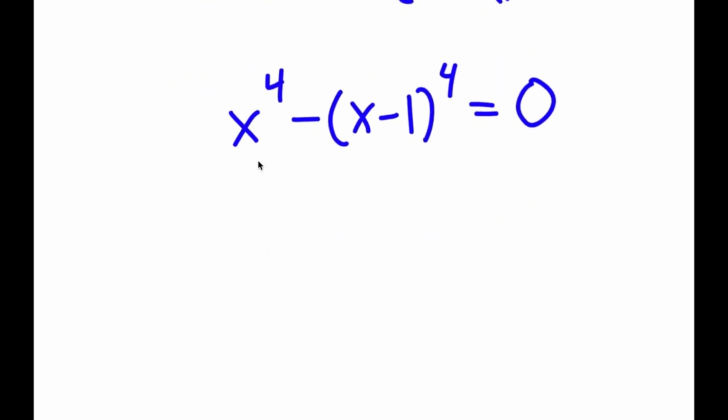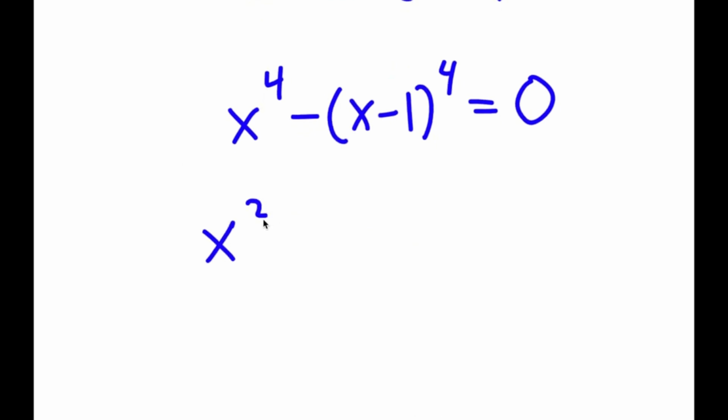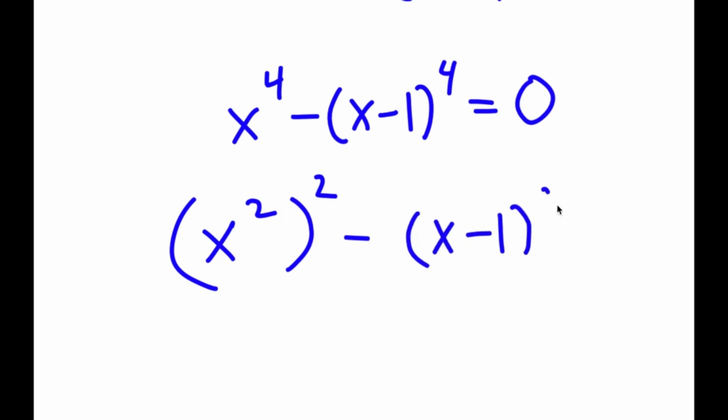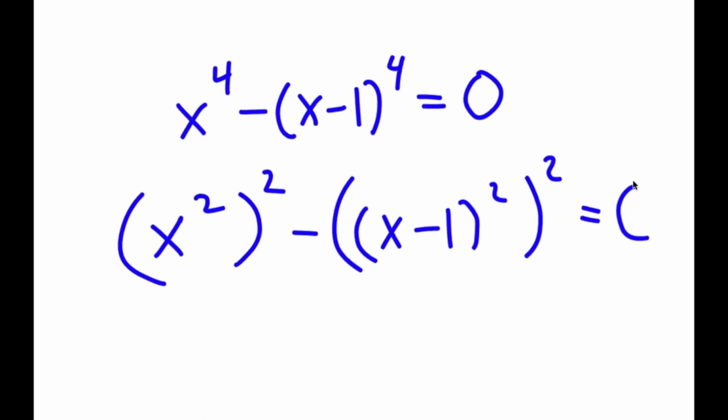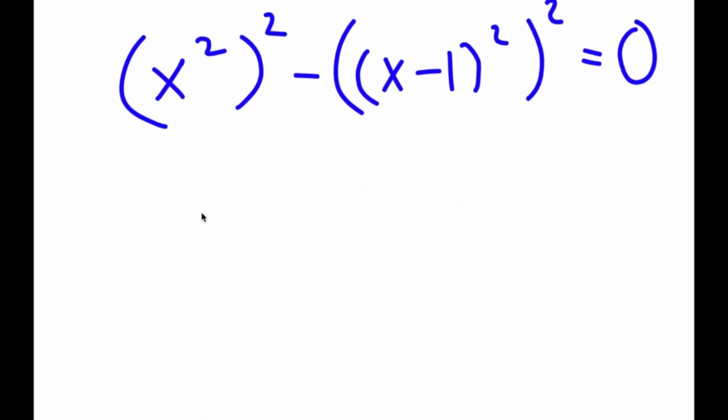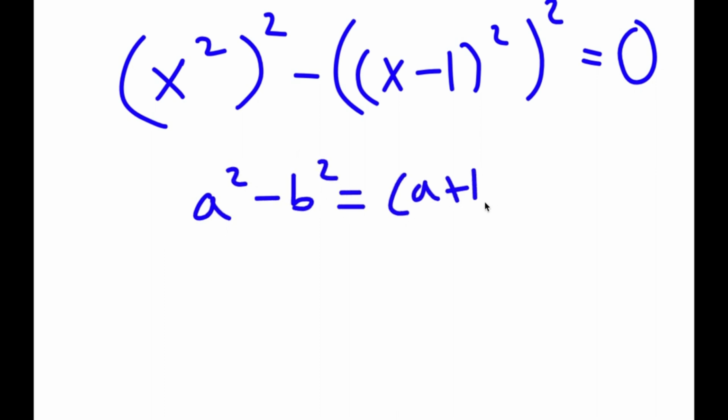Now, x to the power of 4, that's the same thing as (x squared) to the power of 2. And (x - 1) to the power of 4, that's the same thing as ((x - 1) squared) to the power of 2. So now this is equal to 0. Now, if I have something in the form a squared minus b squared, this is equal to (a + b) times (a - b).